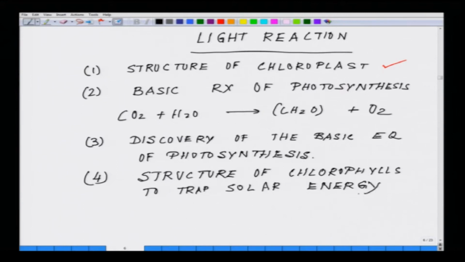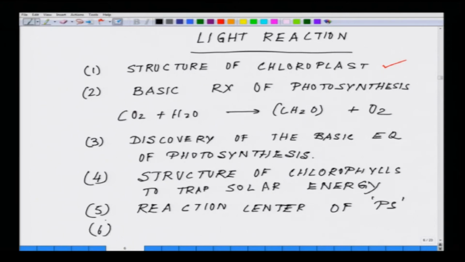And followed by that, we'll be talking about a very interesting unsolved concept called reaction center of photosynthesis, I'm just putting PS for photosynthesis, okay? Reaction center of photosynthesis.